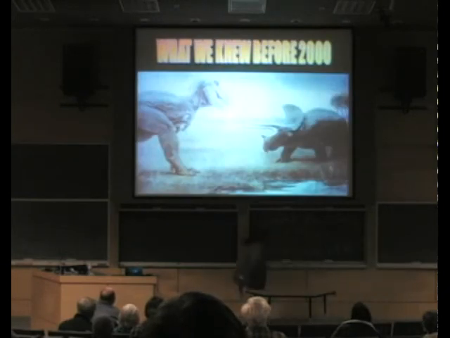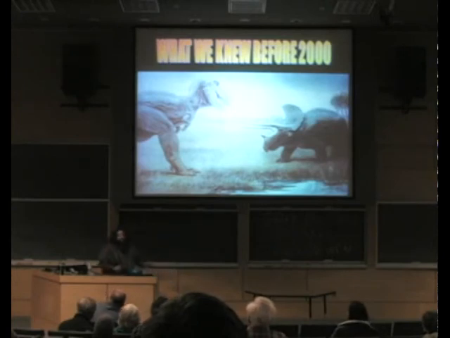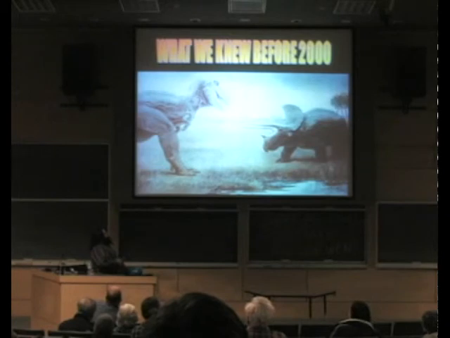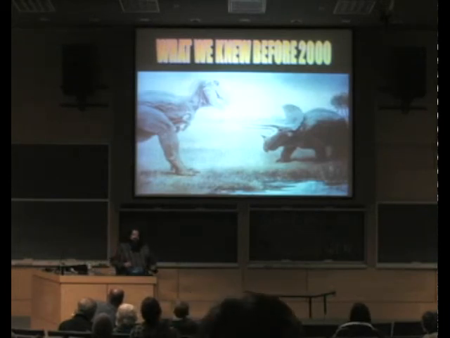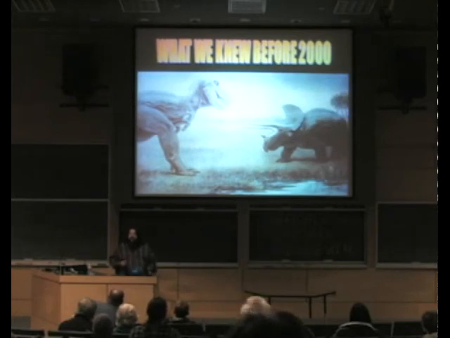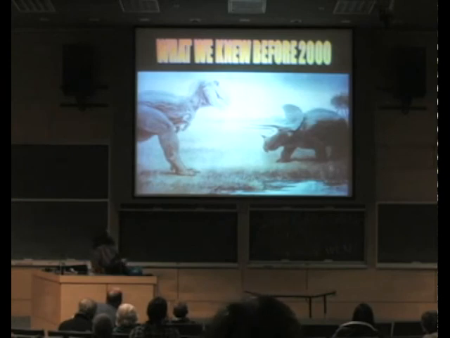Basically in 2000, the state of ceratopsian knowledge was something like this. There was a great change in the 1980s in which we started thinking of dinosaurs as more dynamic, possibly warm-blooded animals, and this is what we really thought of them prior to 1980.